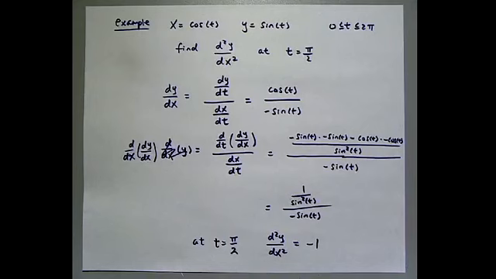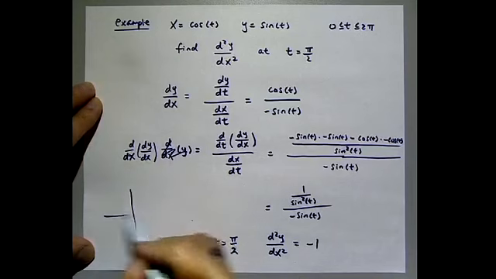Now, do you remember the geometric significance of the sign of the second derivative? What does it mean when it's positive? What does it mean when it's negative? The concavity, right? Yeah. So this is negative, so that means concave down. Let's look at the shape.